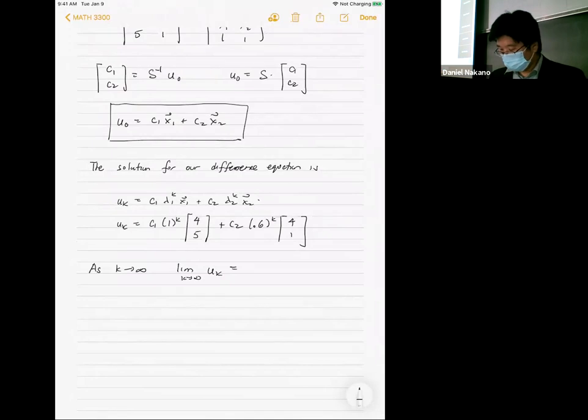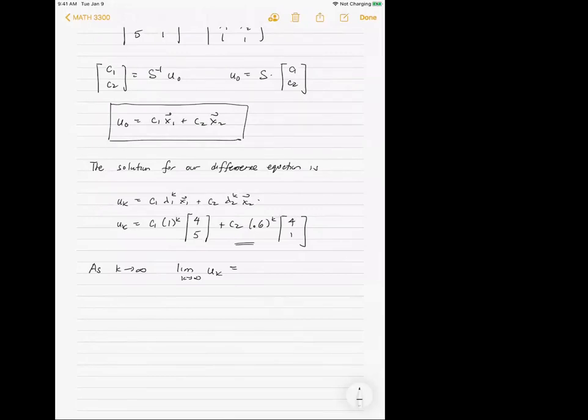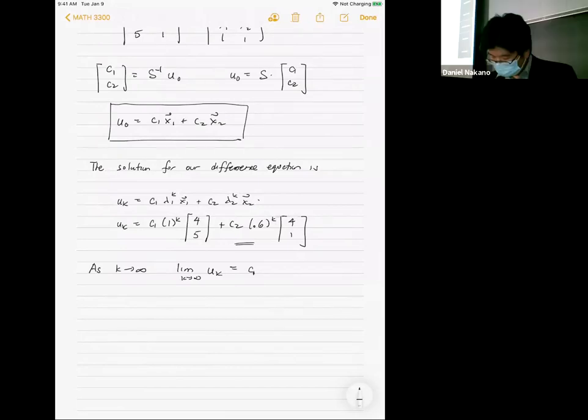This term tends to go to 0, and then 1 to the k tends to 1. So I just get what? What's the answer here? Anyone? C1 times (4, 5).